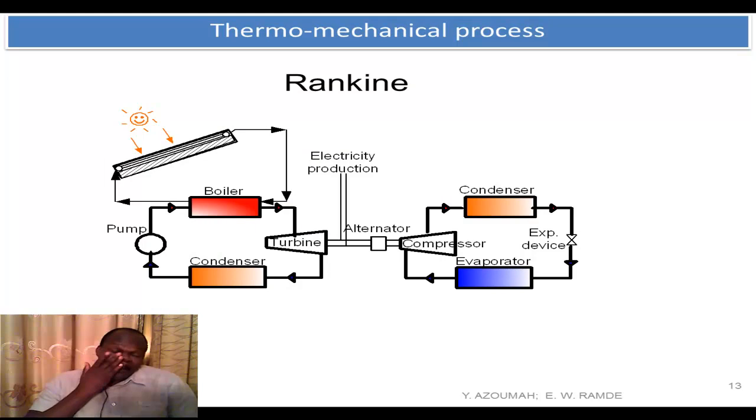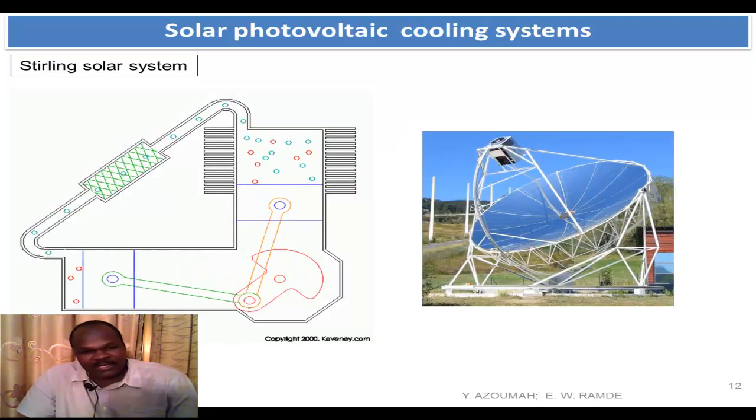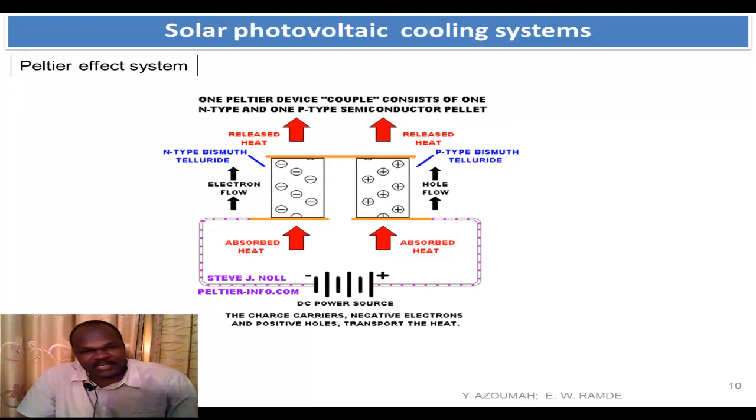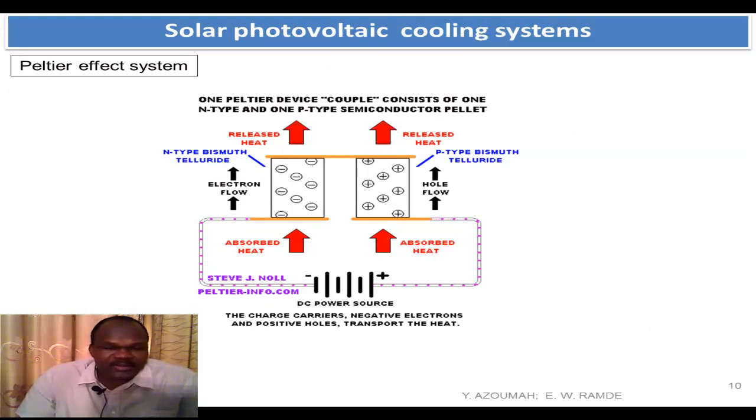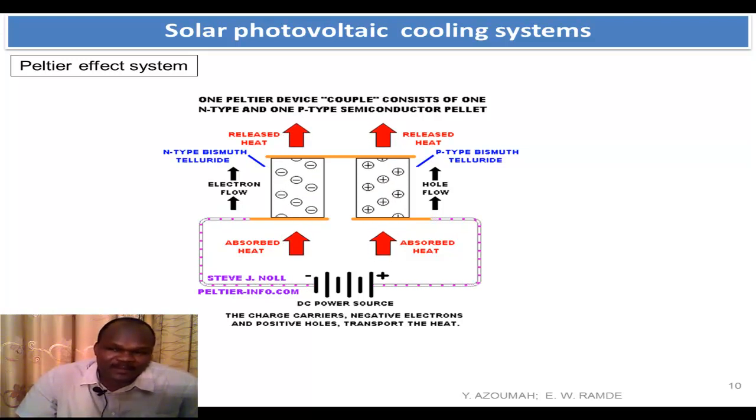Aside from the solar PV cooling systems, we mentioned the Peltier cooling, and then we mentioned the Stirling cooling. One important thing that I forgot to mention: the Peltier cooling, because there are no moving parts, is a very silent machine.